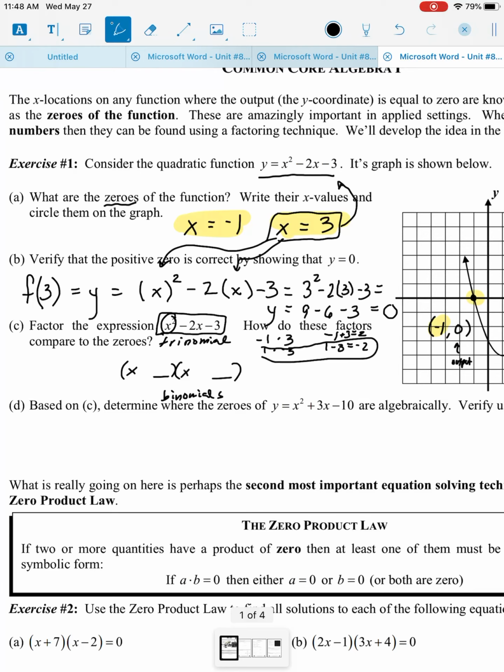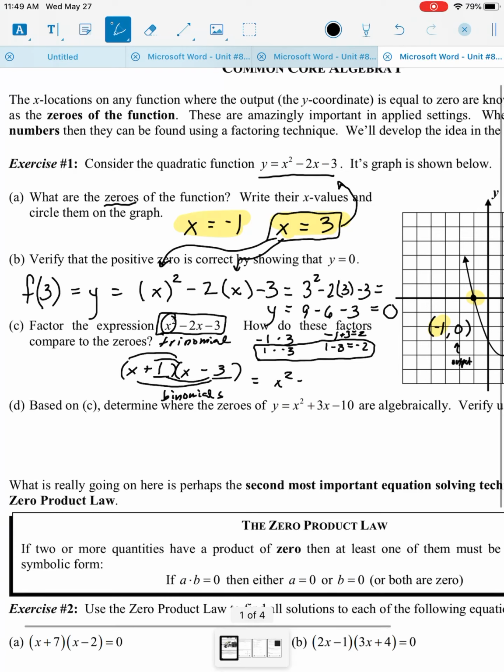So I know that I'm going to be using these factors of 1 and negative 3 to satisfy my binomials. Now, if I'm going to check this, I'm going to multiply x times x, x times negative 3, 1 times x, and 1 times negative 3. Well, x times x equals x squared.